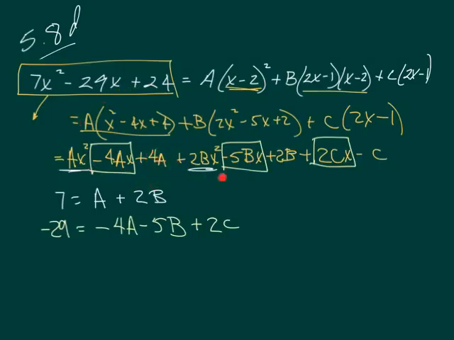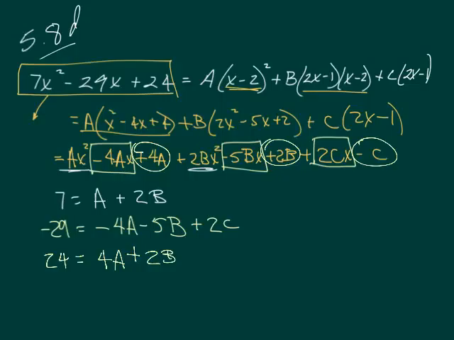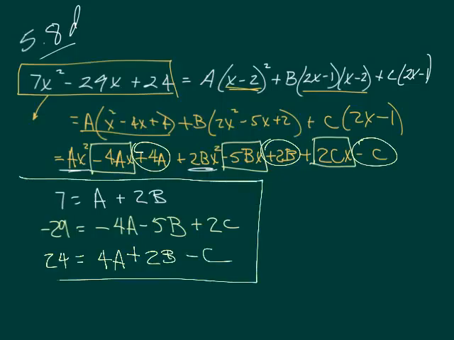So my 24 has to equal 4a plus 2b minus c. Now I have a system of equations, 3 equations with 3 variables.